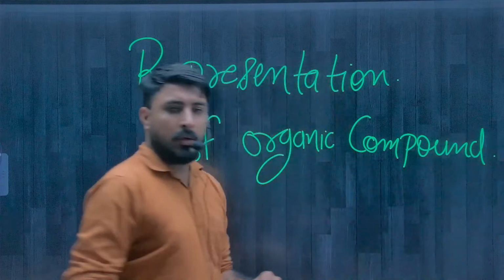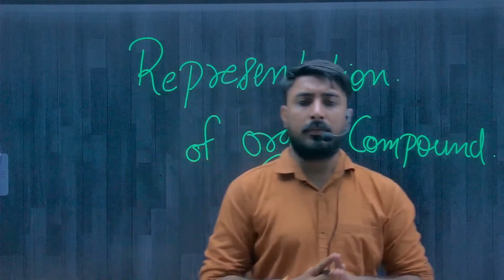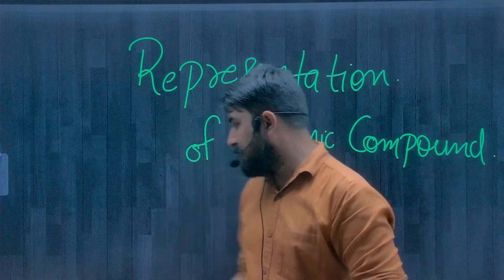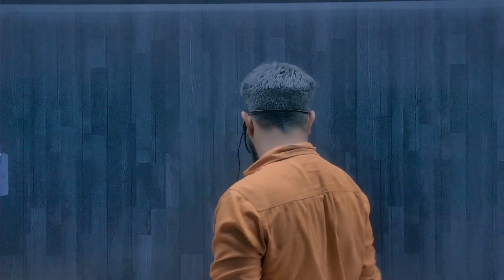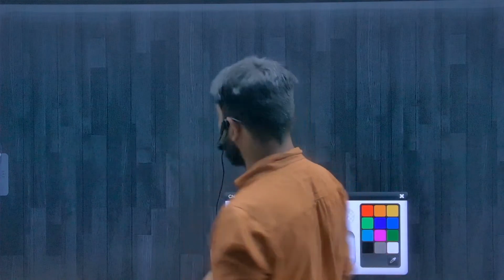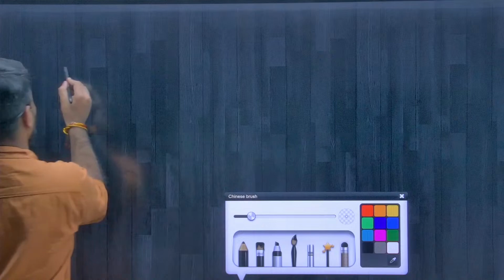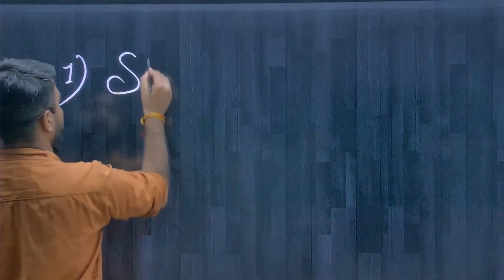So there are three types of organic compound representation. The first one we call as structural representation.